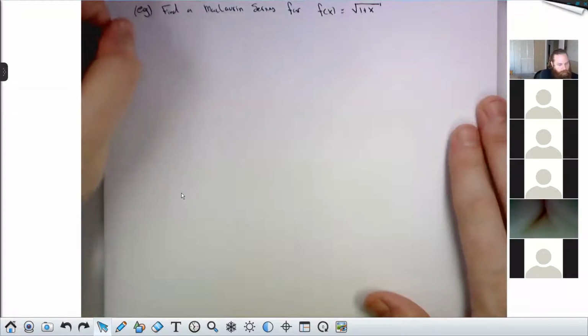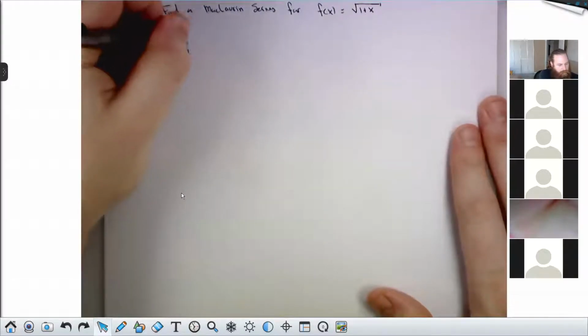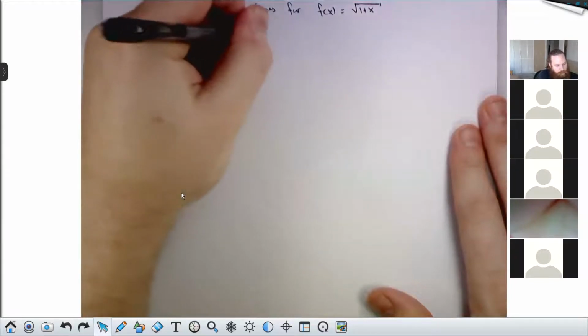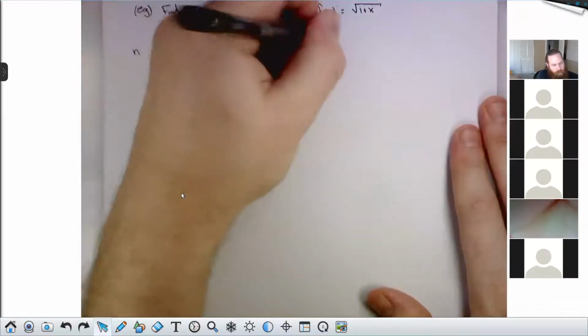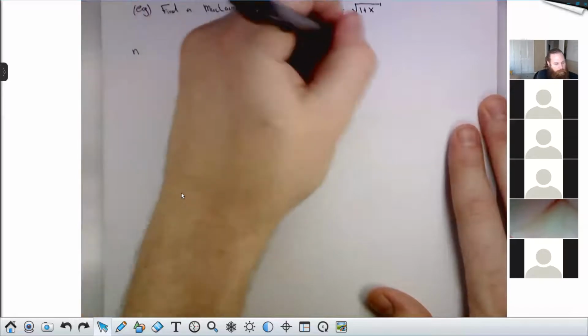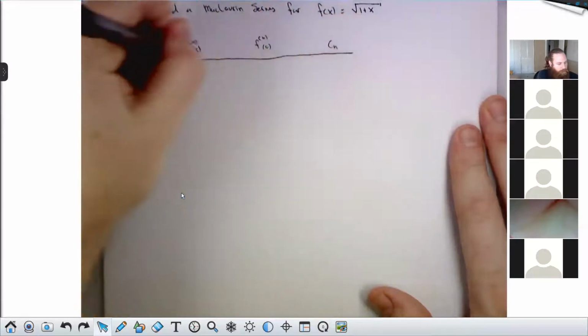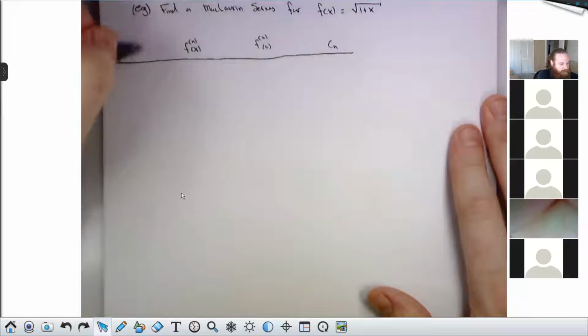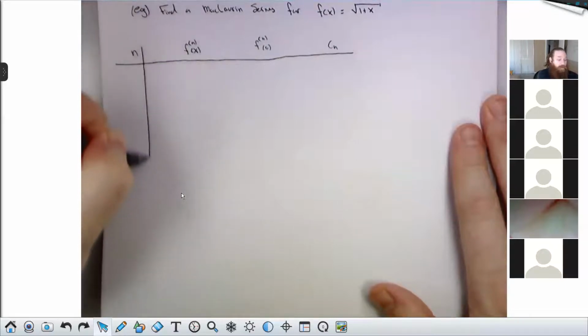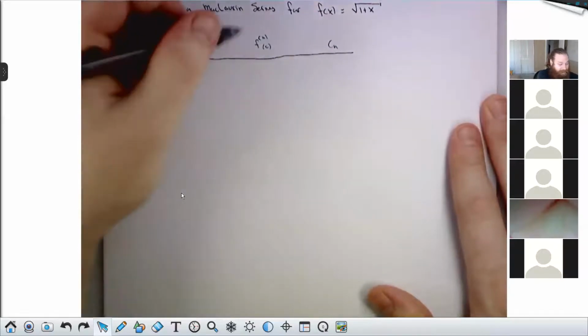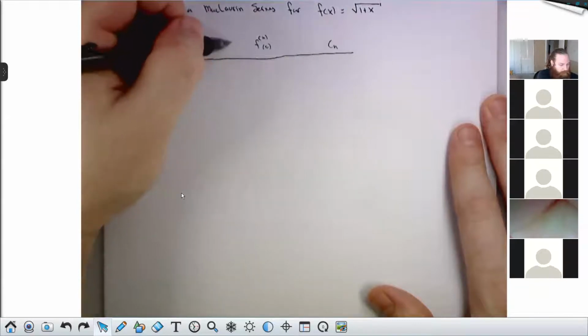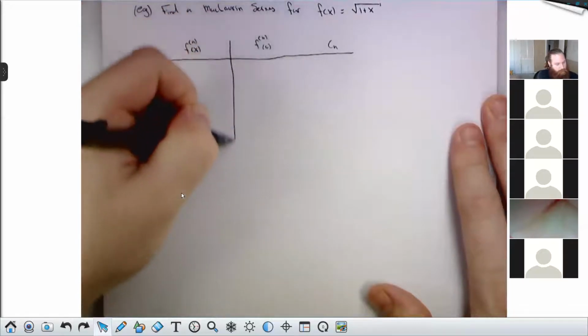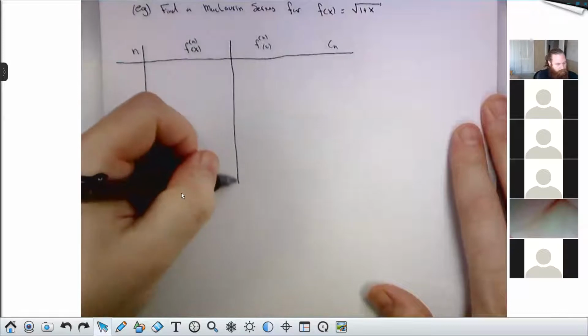How are we going to do this? By building the table. And the reason I'm running you through this is because these particular problems, the pattern in the CNs, are kind of hard to detect. And I want to give you practice with it. So this is going to be a difficult problem, just as a sort of warning.